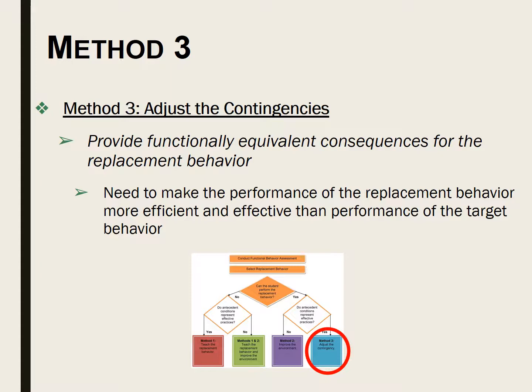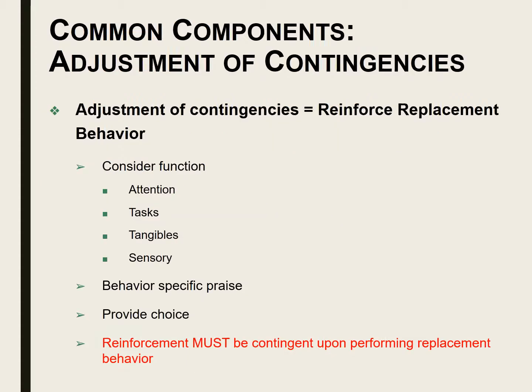Method 3 is called adjustment of contingencies, and this is where you're going to provide functionally equivalent consequences for the replacement behavior. That is, you need to make the performance of the replacement behavior more efficient and effective than performance of the target behavior. This is going to consider the function of the behavior, use behavior-specific praise for the replacement behavior, and ignore the inappropriate behavior.